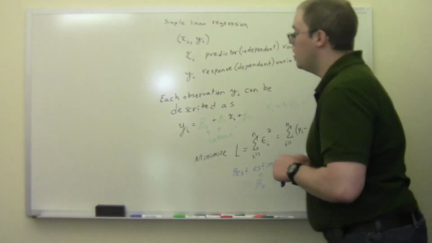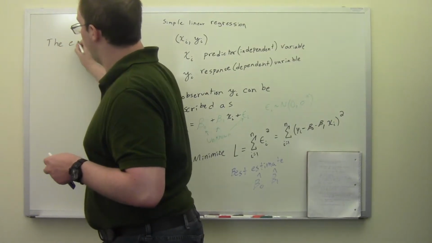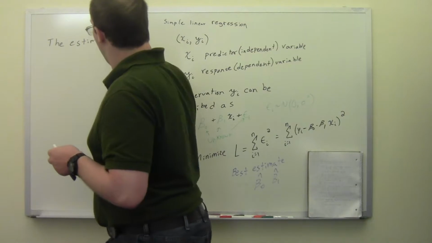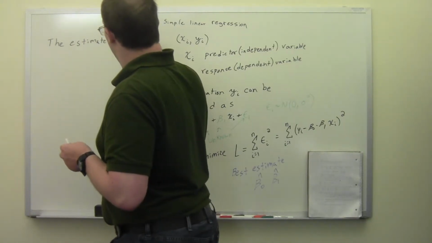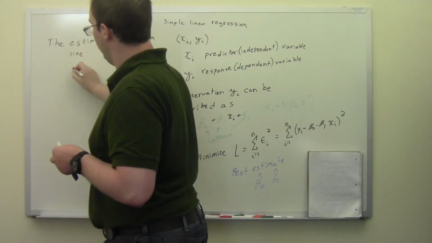Now my equation for my estimated regression line is this theoretical line that we had before.